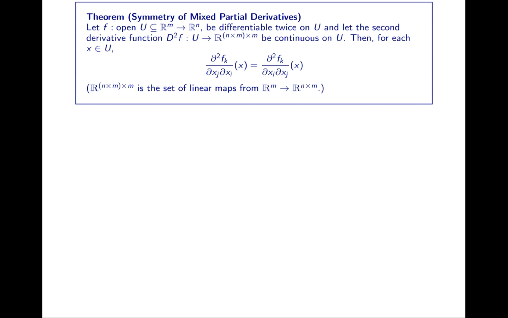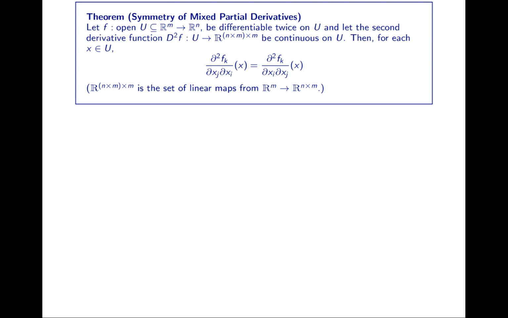If f maps an open subset of Rm to Rn and is twice differentiable, just like the hypothesis of the Hessian theorem, and the second derivative function is continuous, so that's an extra condition that we didn't have in the Hessian theorem, that the second derivative is continuous. Of course, we know the first derivative is continuous because it's differentiable. The second derivative may not be differentiable, but it does have to be continuous.